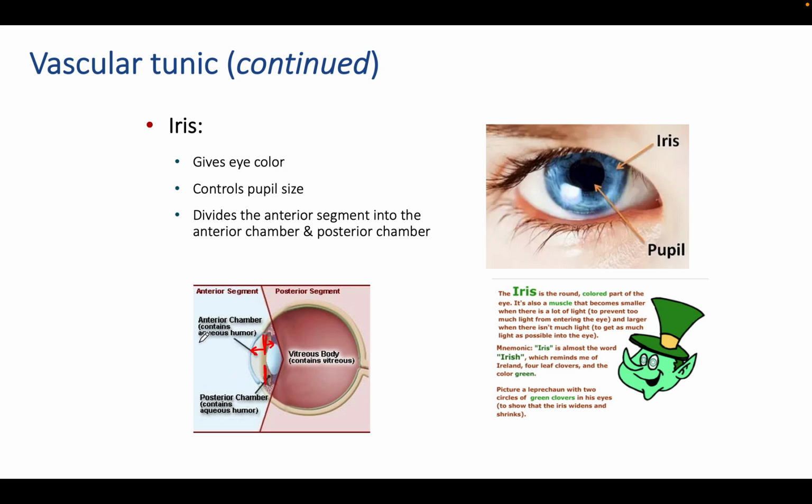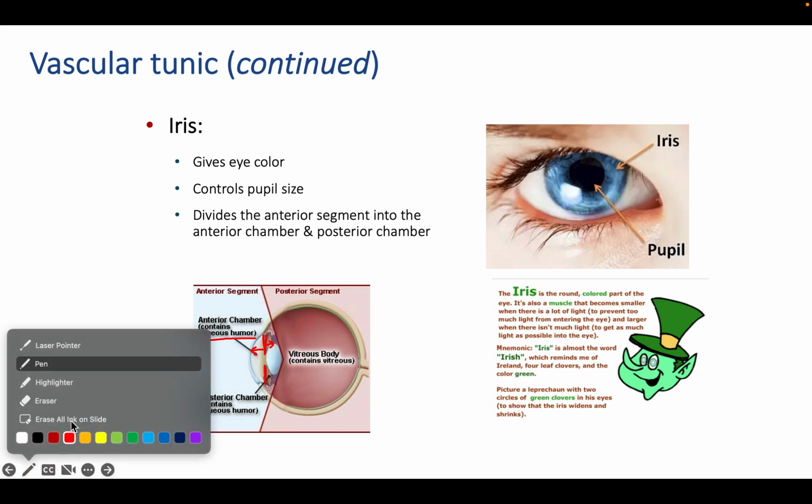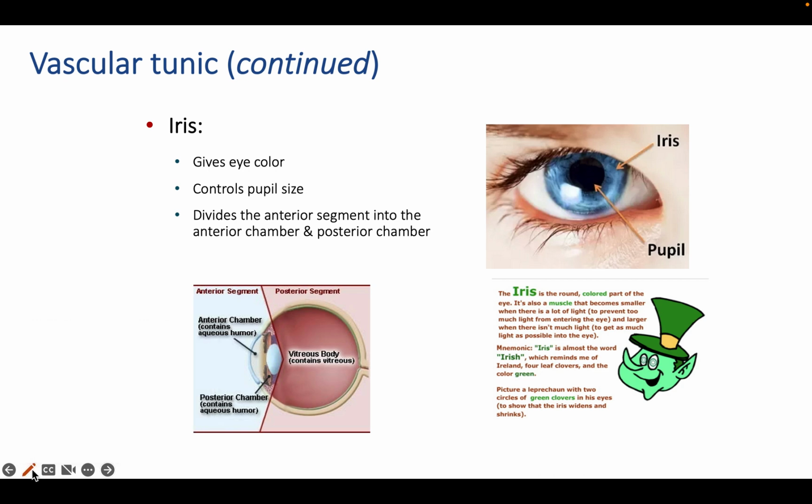In this region, we have something known as the aqueous humor, and the aqueous humor is secreted and produced by those ciliary processes that we mentioned just previously. It will circulate between this posterior chamber and the anterior chamber, and then it will ultimately be reabsorbed. Whenever this aqueous humor circulates and it is not reabsorbed or it builds up, this is known as glaucoma. Right? So we've heard of glaucoma before.